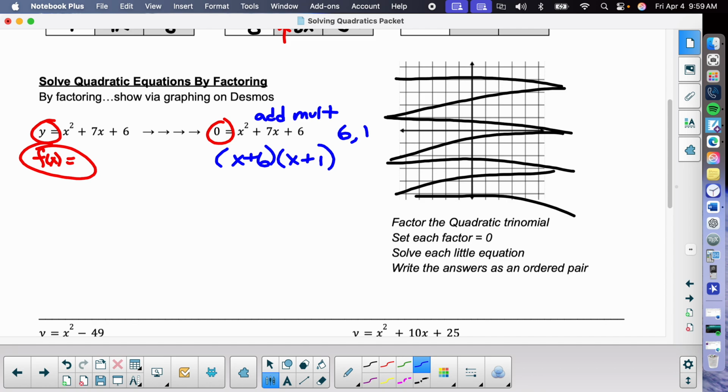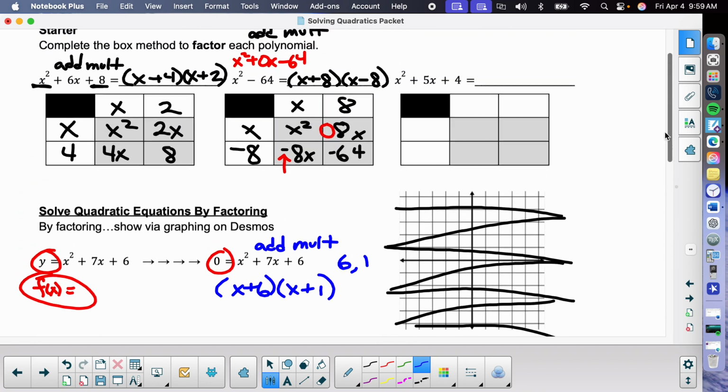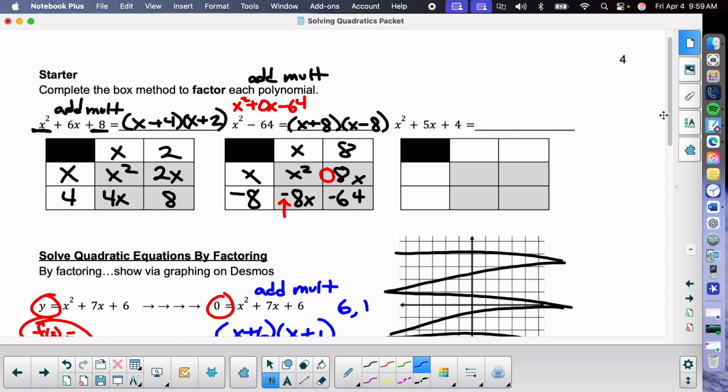So if you use the boxes, there's nothing wrong with it. But whenever you're using the boxes, every time we figured out the pair of numbers, so this one, the pair of numbers was 4 and 2, well, that's the two things you write in the parentheses. On this one, the pair of numbers was 8 and negative 8.